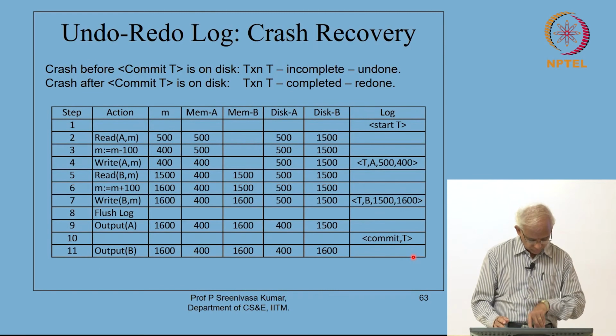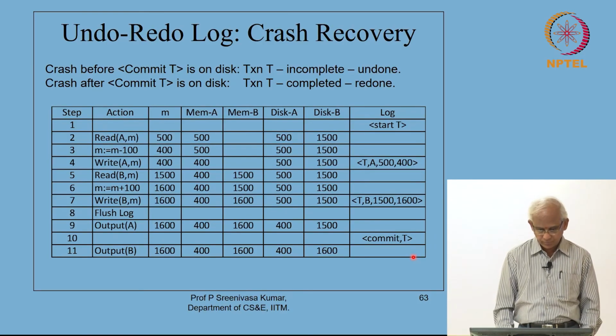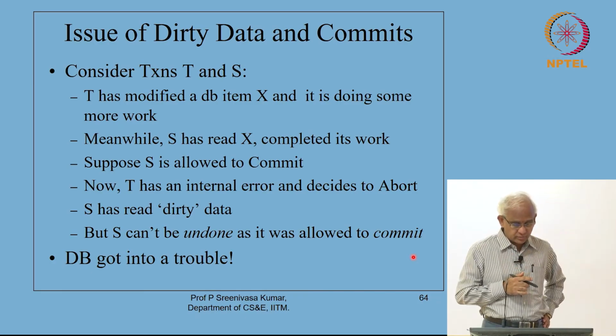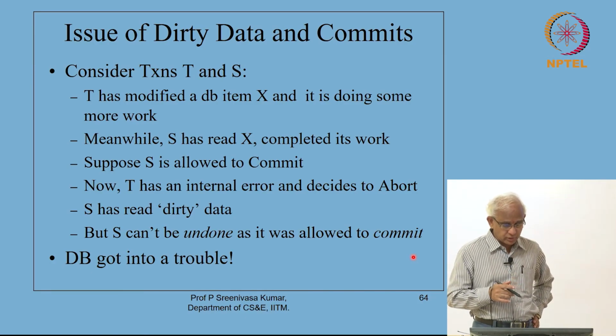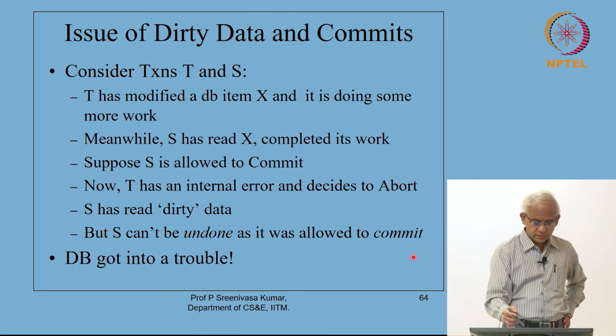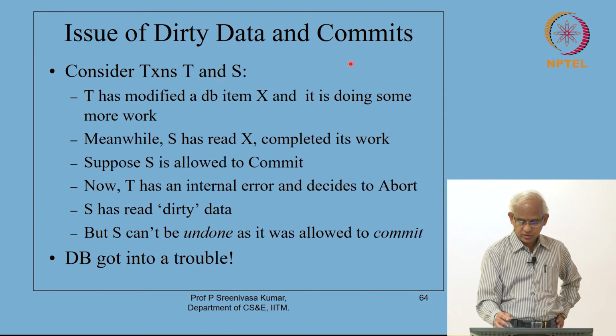Okay, so let's come to another interesting issue now. Look at this scenario. This brings an absolutely new kind of requirement into the picture. Let's revisit the issue of dirty data and commits.